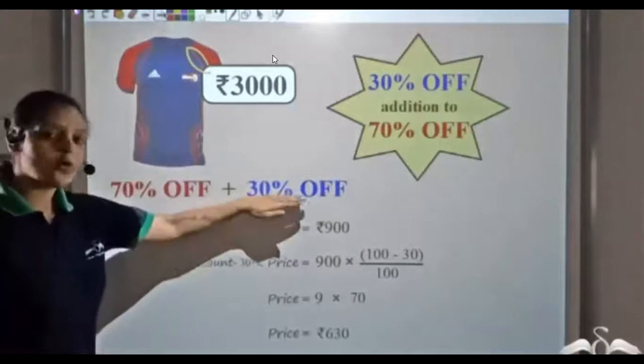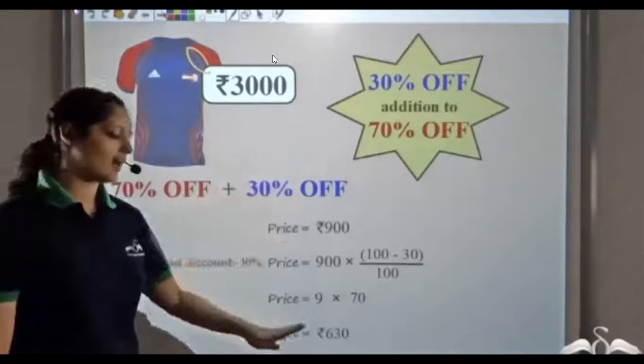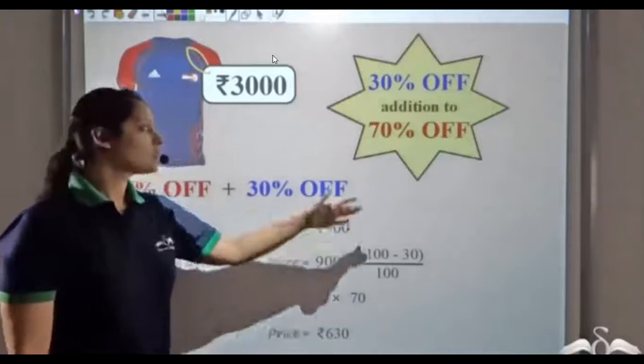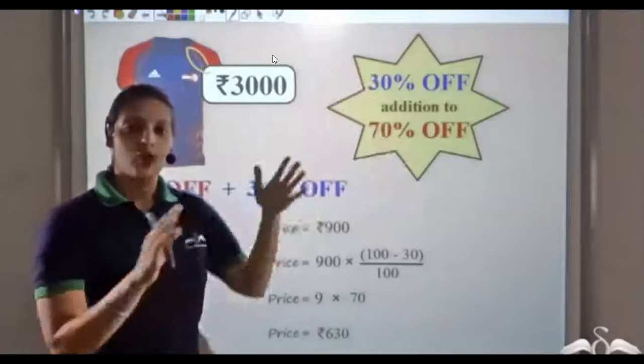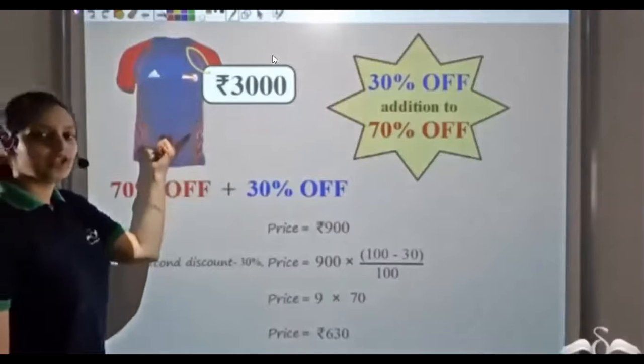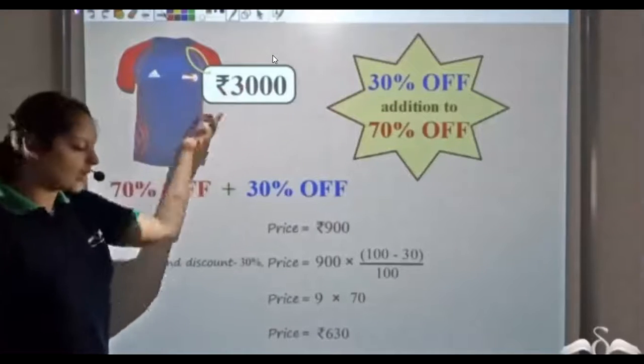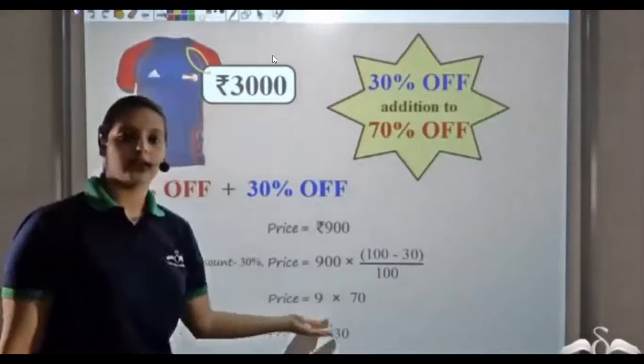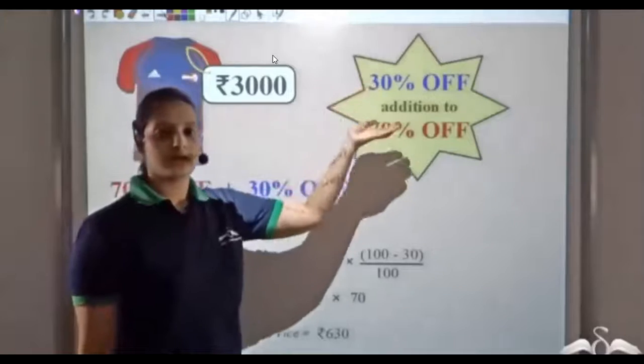So now after these two discounts, the price is 630. So this 30 plus 70 is not 100. You do not get it for free. Now this t-shirt which was for 3,000 rupees, you get it just for 630 rupees after these two discounts.